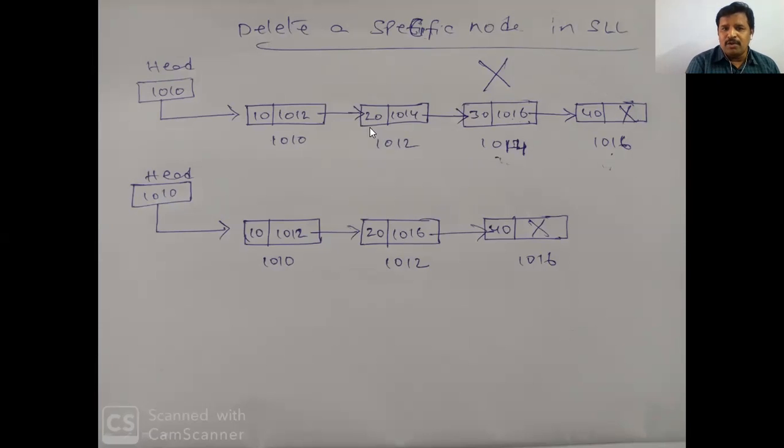So the node 20 has an address part. Its address part will point to the address of the next node. After deletion, what is the next node? 40 is the next node. What is its address? 1016. So this address we make it 1016, right? This is how we can adjust the pointers after deleting a node in the single linked list.